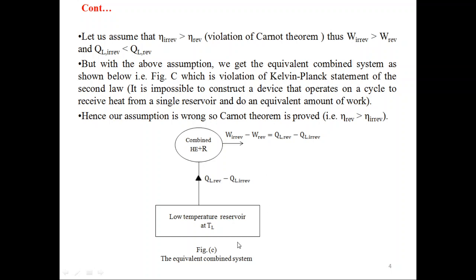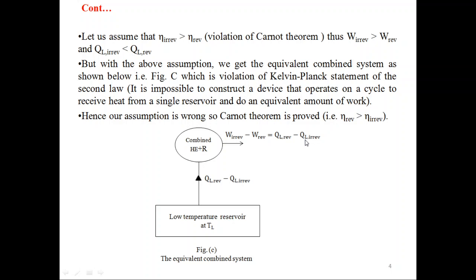You can see figure C. We are getting heat from a low temperature reservoir at temperature TL, and we are doing equivalent amount of work, that is W irreversible minus W reversible equal to QL reversible minus QL irreversible.